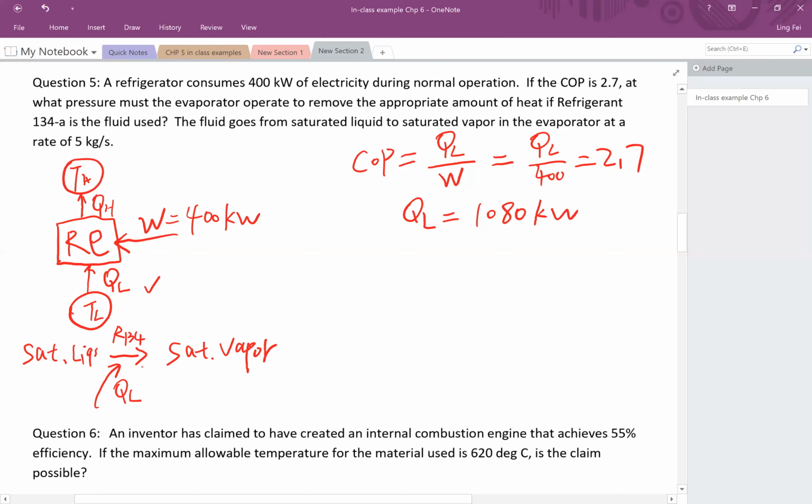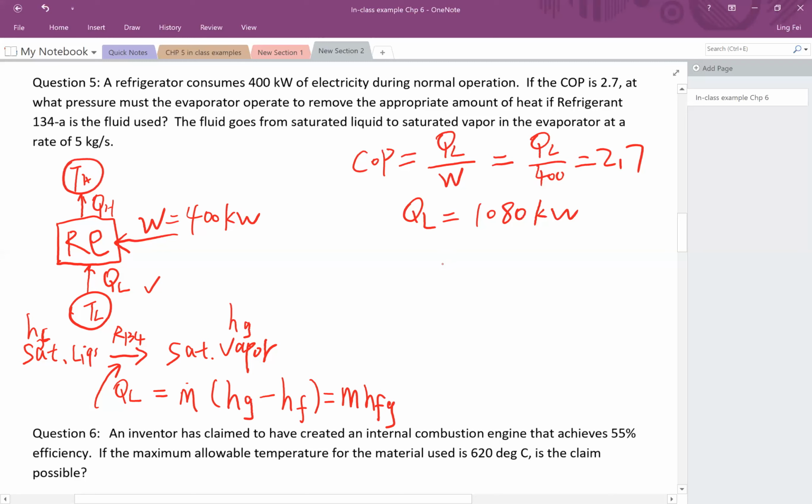So basically your QL will equal the mass of the fluid times the energy change from saturated liquid to saturated vapor. So the QL will equal Hg minus Hf, which is HFG.